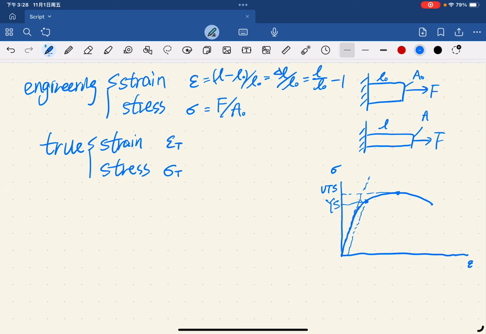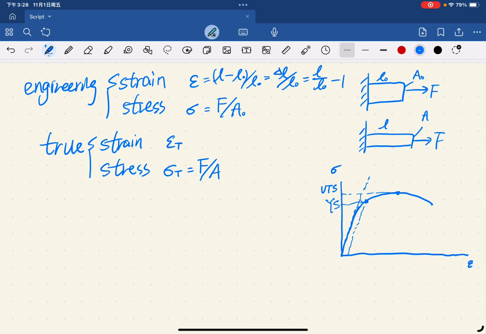This is quite straightforward. For the true stress and true strain, it means the actual value of this stress and strain. So for true stress, we say it's the external force divided by the actual area, because when you apply this force, the area will change, obviously.